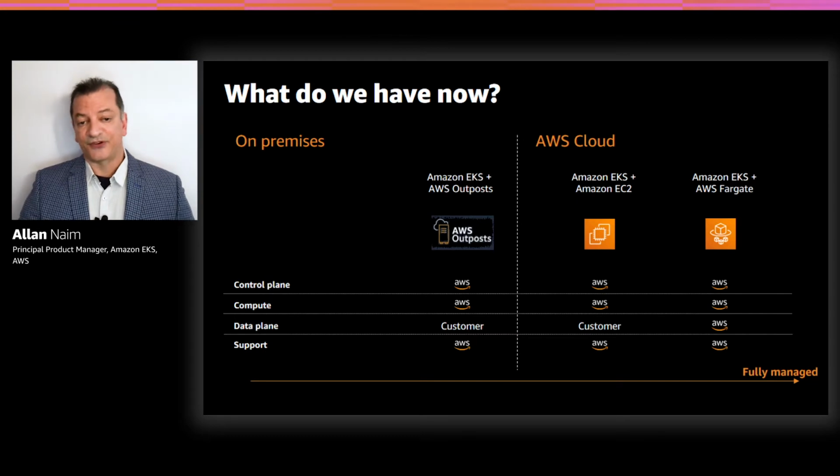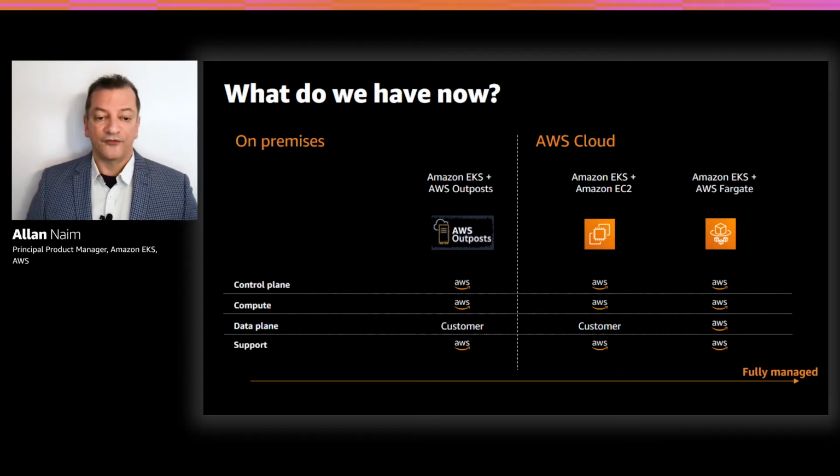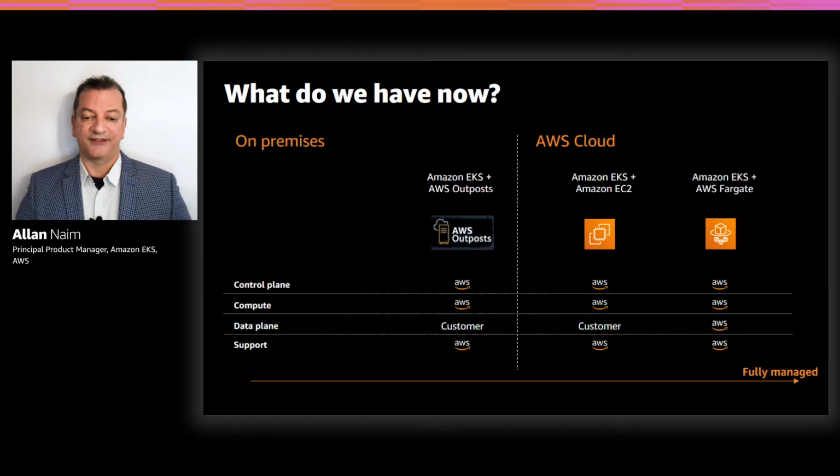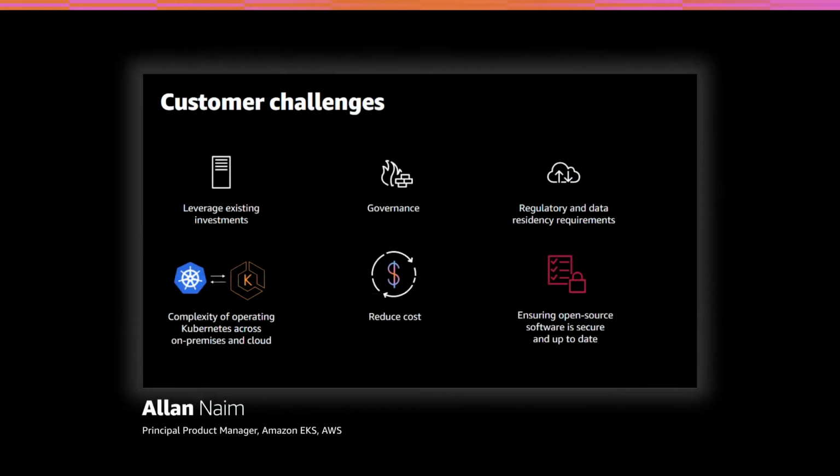This gives customers a highly managed service with the EKS control plane in the cloud, but compute infrastructure running on premises on Outposts. This is a very popular configuration that customers are using or eventually will want to use as they modernize their on-premises workloads.